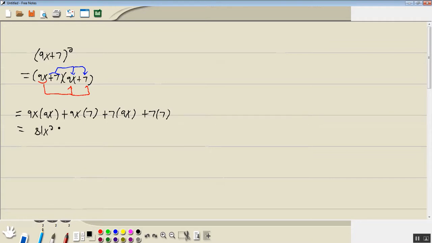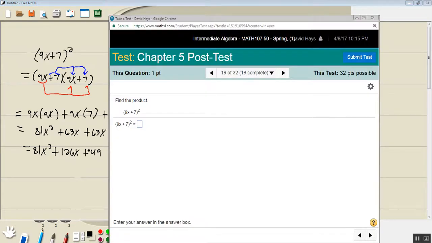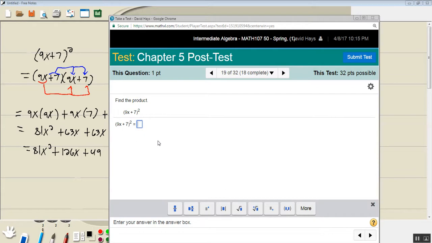It gives us 81x squared plus 63x plus 63x plus 49, which gives us 81x squared plus 126x plus 49. So we get 81x squared plus 126x plus 49.